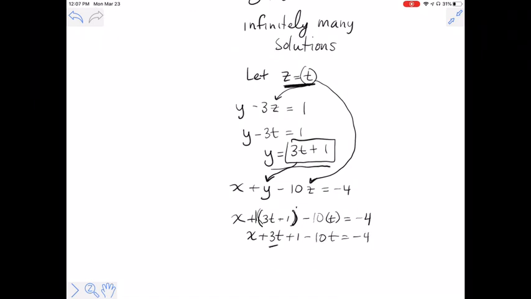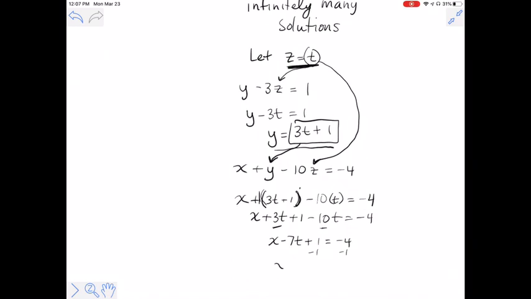If I combine some like terms here, I'm going to have x minus 7t plus 1 equals -4. I can subtract a 1, and I get x minus 7t equals -5. And then I can add the 7t over and get x equals 7t minus 5.